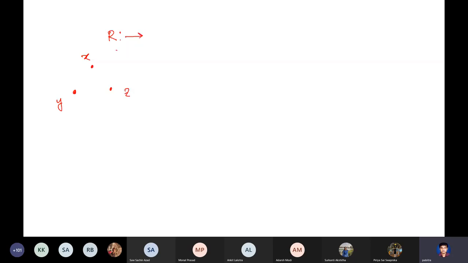So if x is related to y, I will draw an arrow from x to y. So in case of an equivalence relation, the arrows would look like this. If x is related to y and y is related to z, then x also will be related to z by transitivity. And by reflexivity, all the self loops will be there.